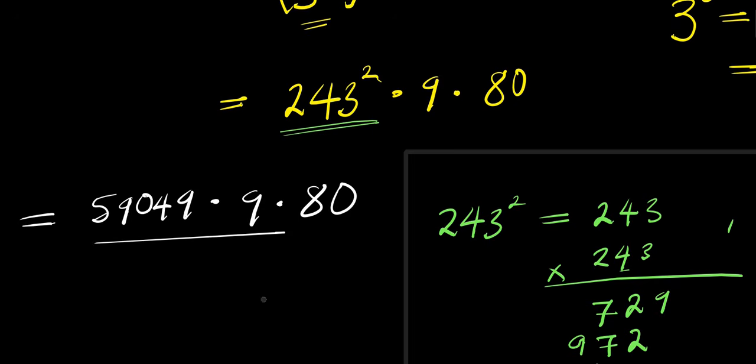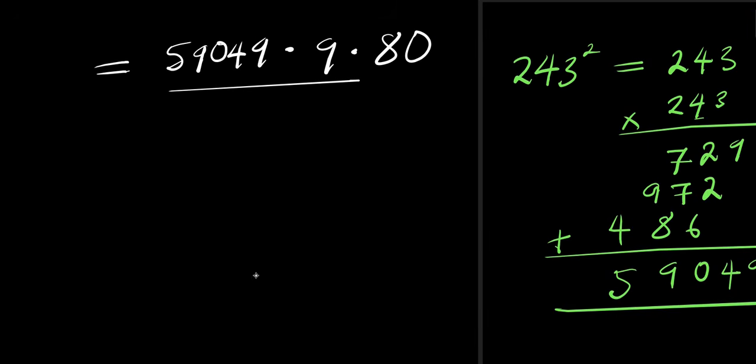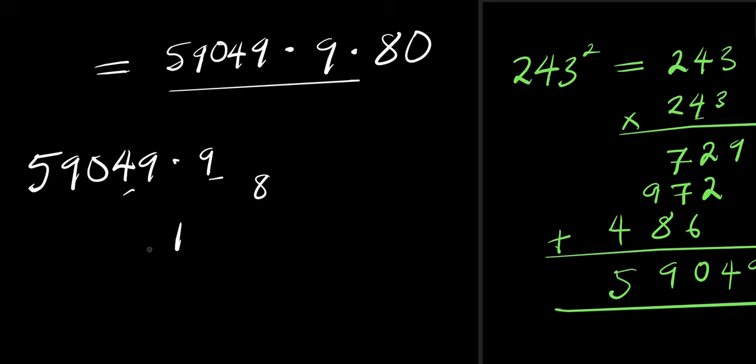Let's start by multiplying 59049 times 9. So we have 59049 times 9. 9 times 9, 81. 1 carry over 8. 9 times 4, 36 plus 8, 44. 4 carry over 4. 9 times 0, 0 plus 4.